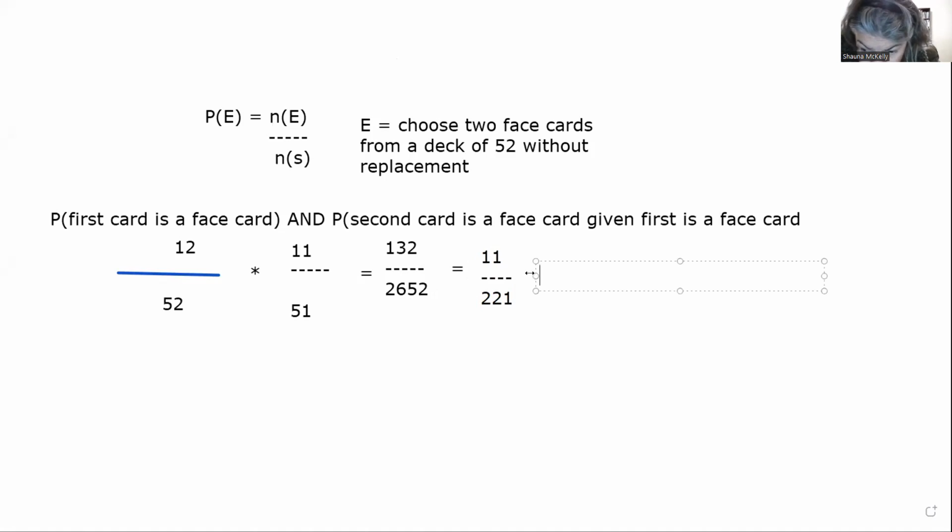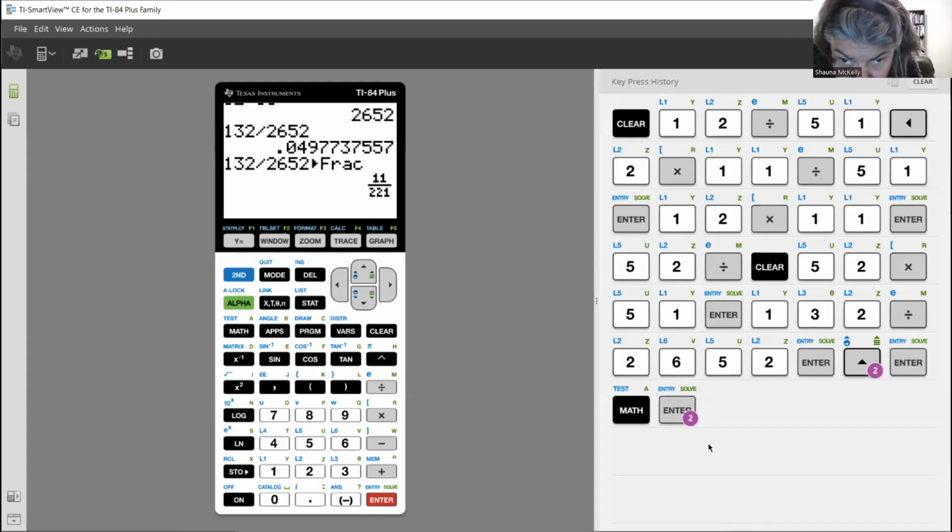Then I have my decimal, which we've seen already. This is equal to 0 point, and if I want to make it 4 places, it's 0.0498 if I round it. One thing you can do if you don't like rounding is set your float.